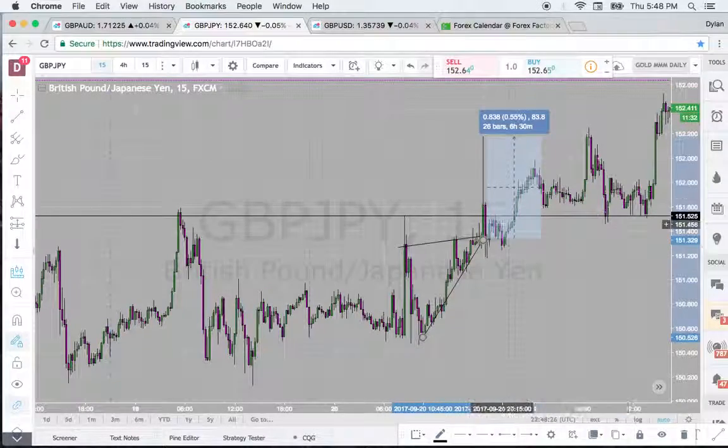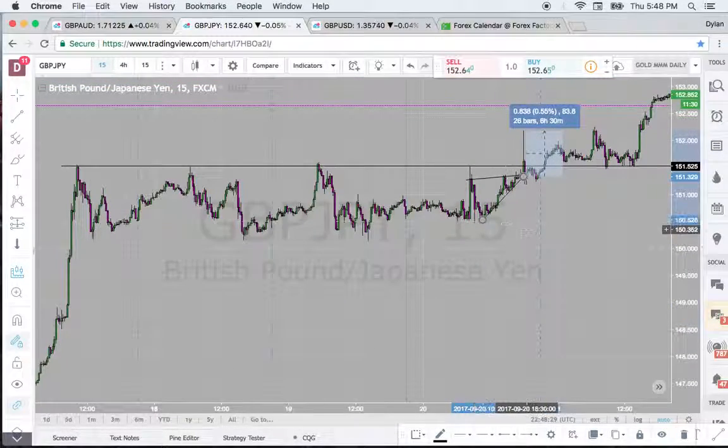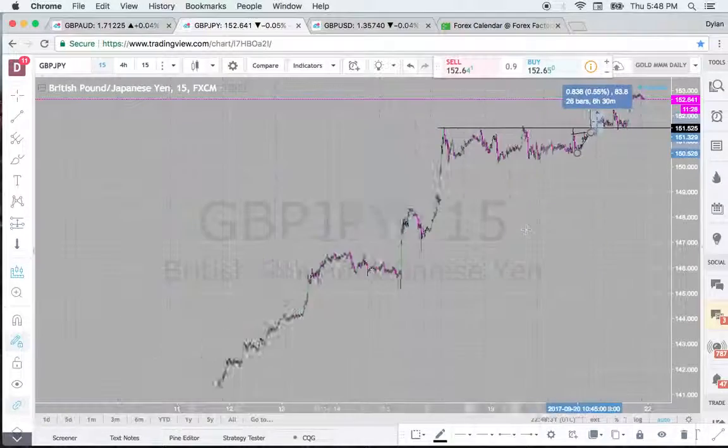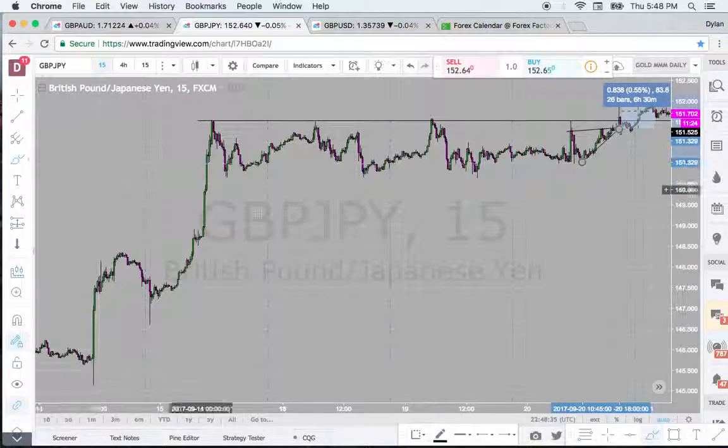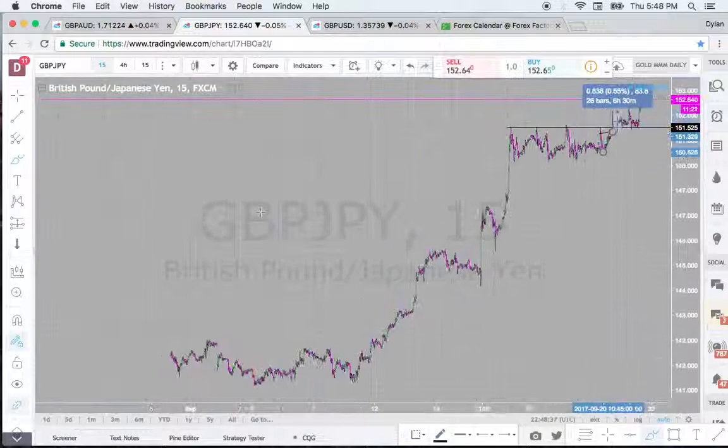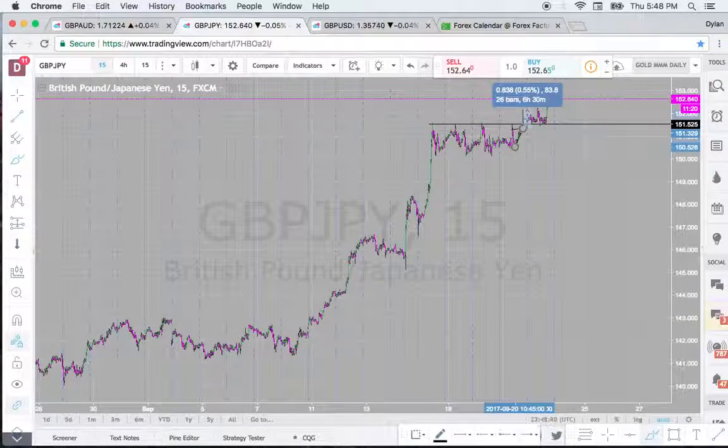So what I want to make clear, you guys, is when trading M and W formations, always go with the trend. Until you understand how a trend works, don't go against the trend, or you'll get burnt. It's as easy as that.